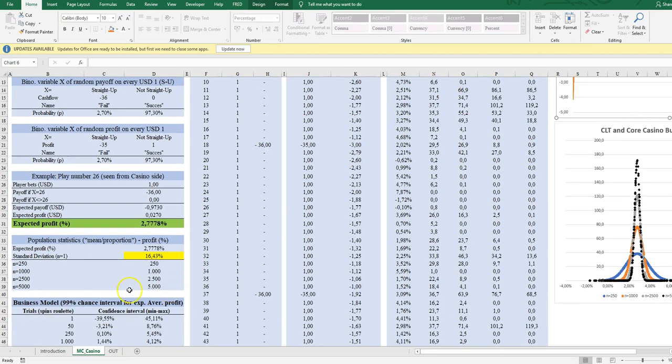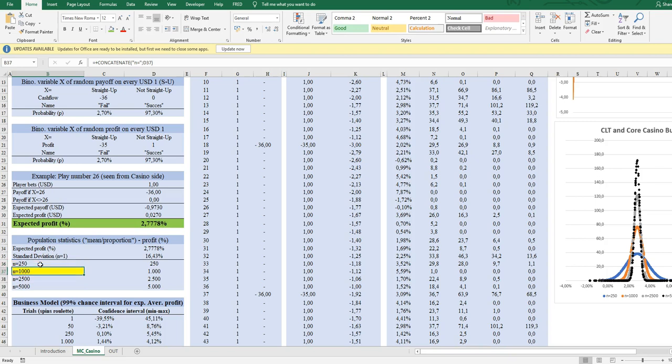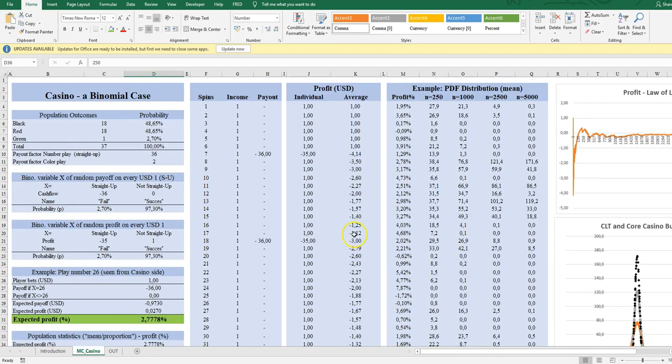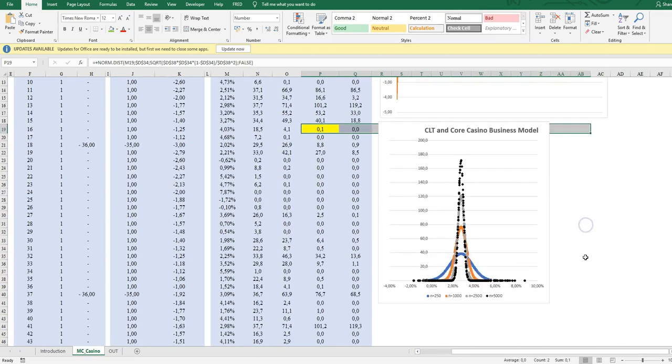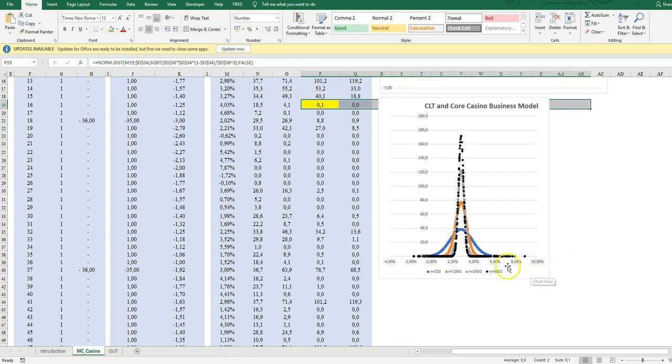And I have shown it here by just spinning several times, first 250, then 1,000, 2,000 and 5,000 times. And what we will see is a remarkable tendency. Here we have on the x-axis the profit in percentage, and you see that the distribution around the profit gets more and more narrow, and finally it collapses almost into one single point, being the expected profit of 2.77%.